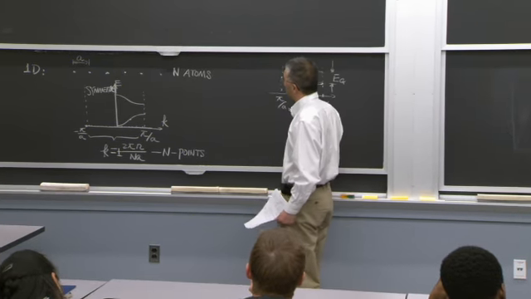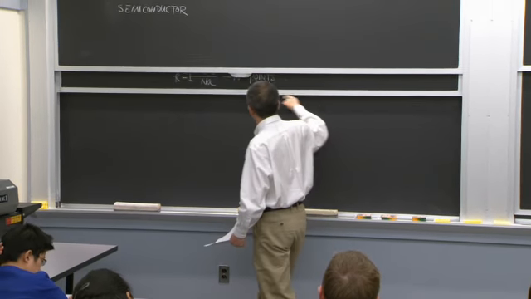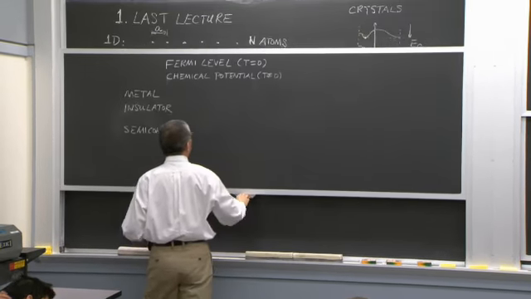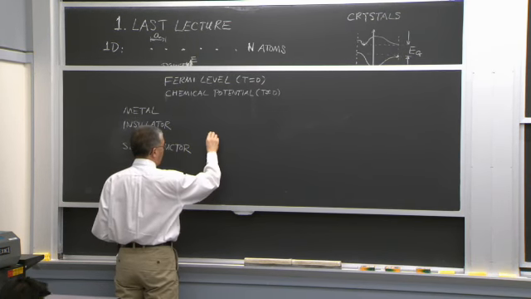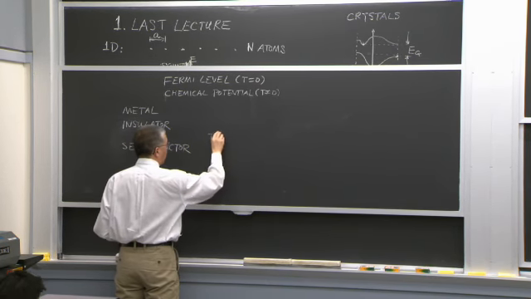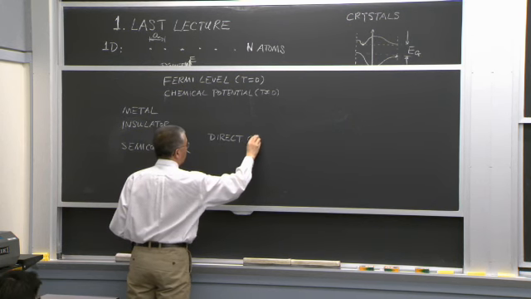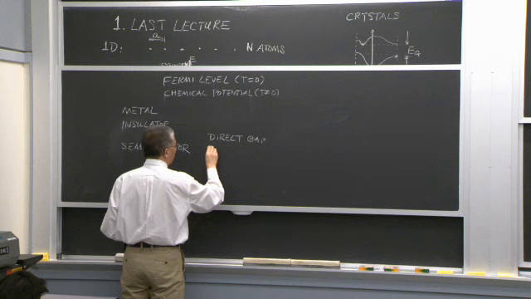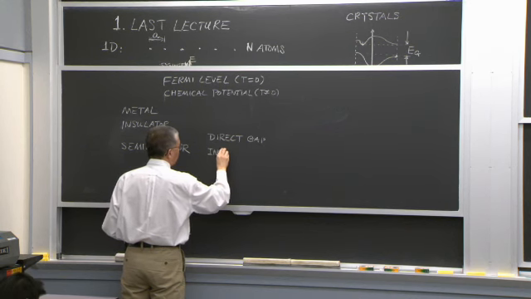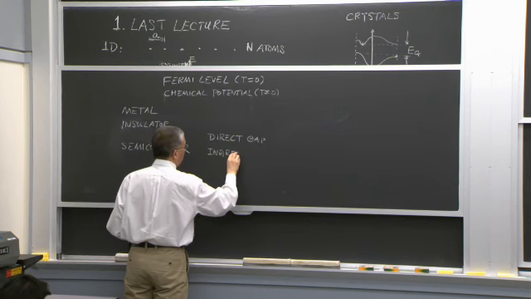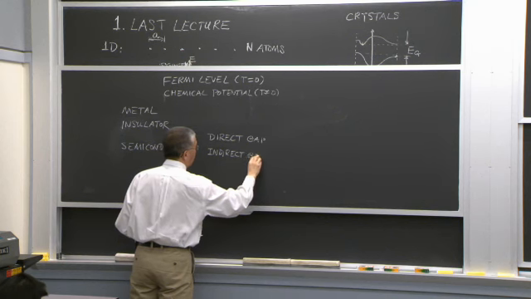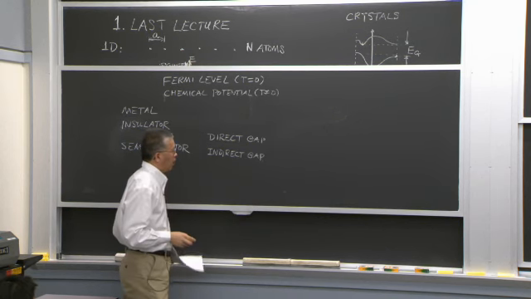So we have different types of semiconductors. We have direct gap. We have indirect gap. Right.